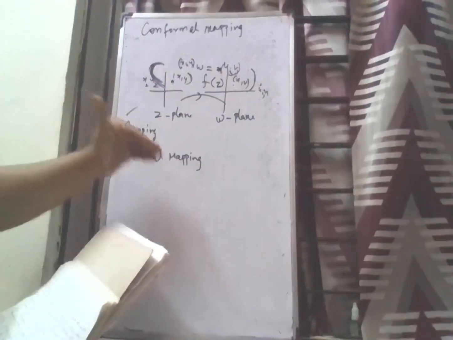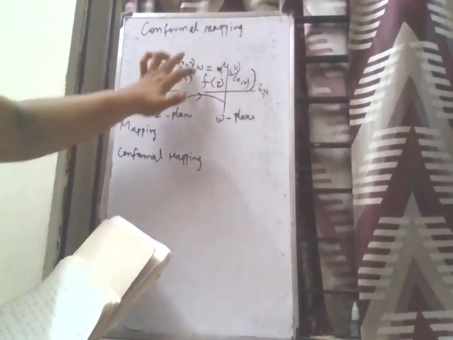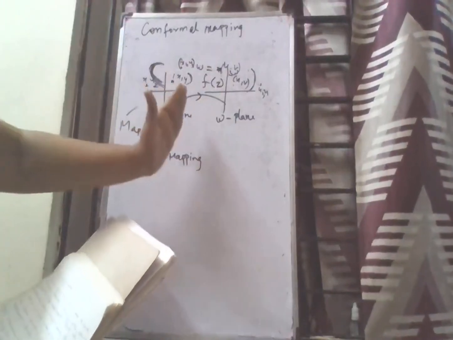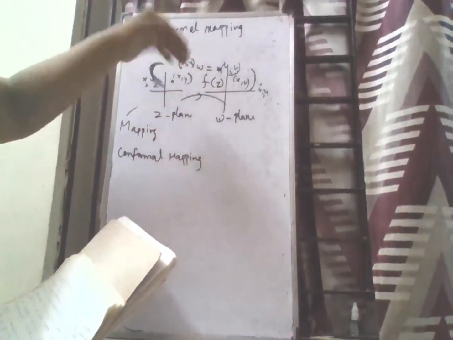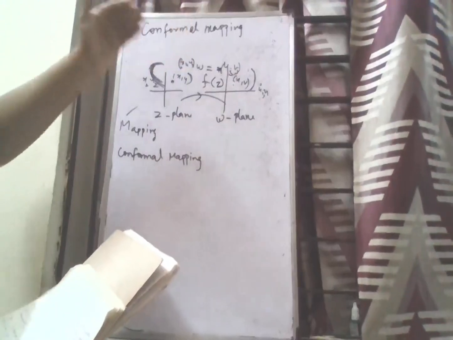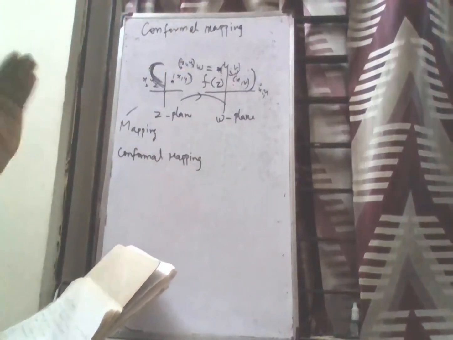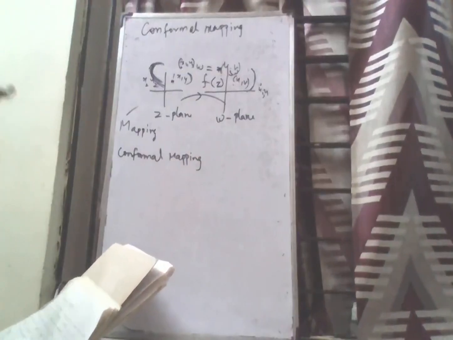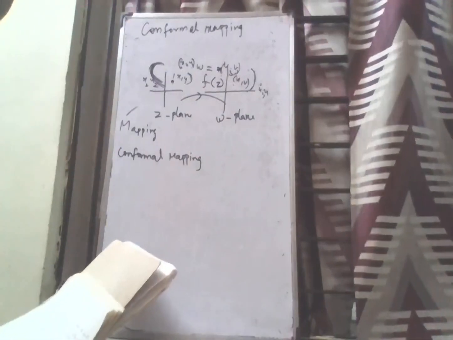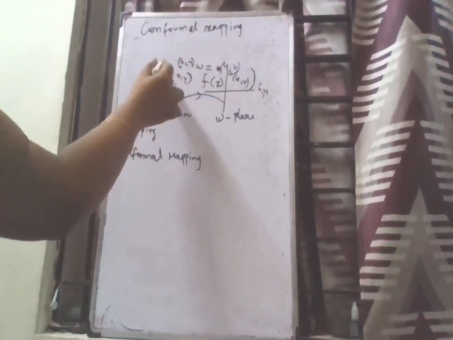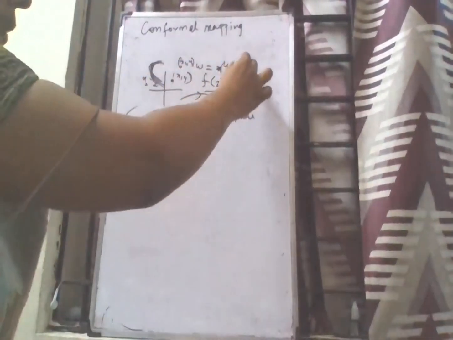The second definition is conformal. The function f of z is nothing but the transformation. A transformation, I mean the function f of z, that preserves the angle between every pair of curves through a point, both in magnitude and sense, is said to be conformal at that point. As I said, the curve moves like this, and here also the curve moves like this.